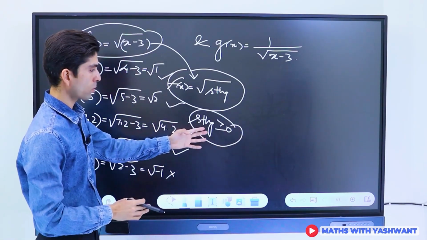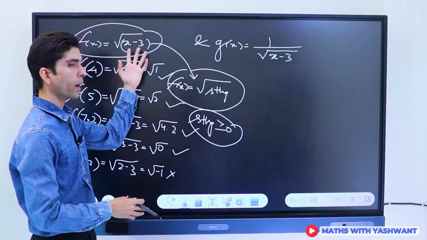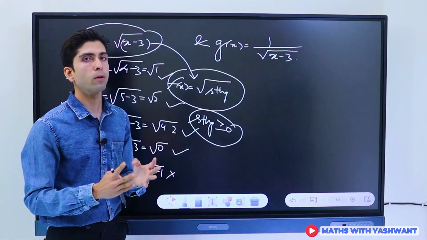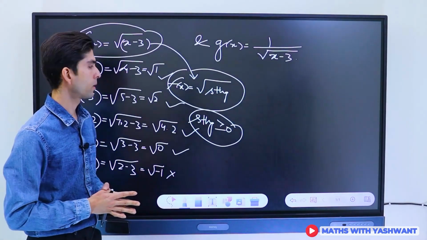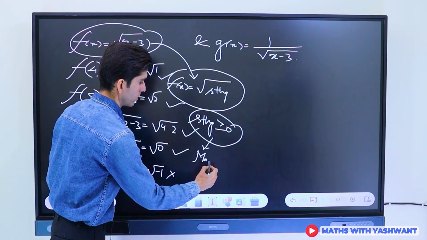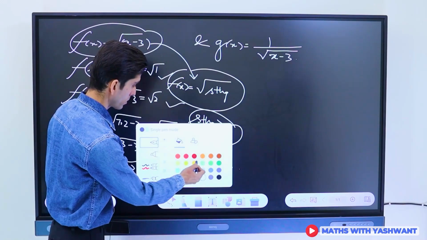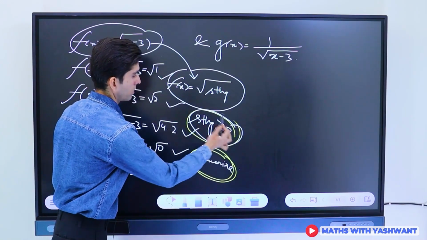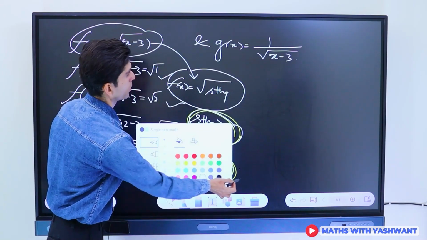Now if we solve this inequality, something greater than or equal to 0, this will give us the domain, meaning the collection of all those values of the variable x for which f(x) is defined. So you have to remember this, you have to memorize this.